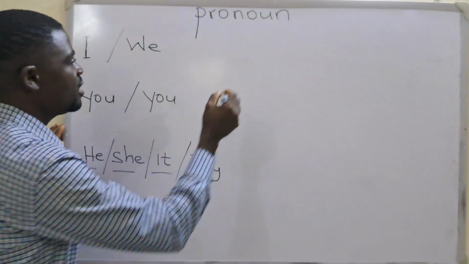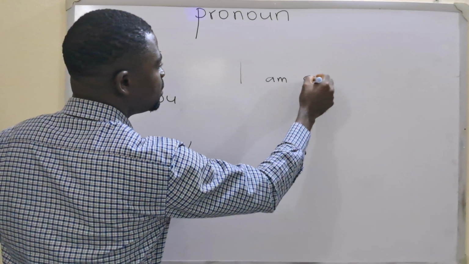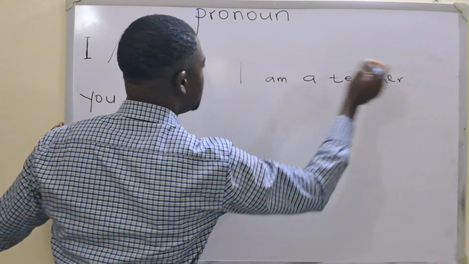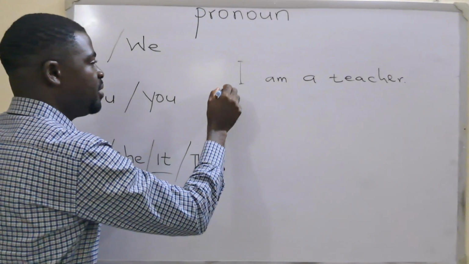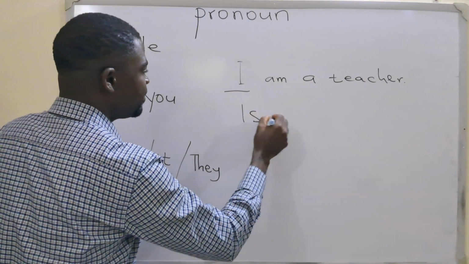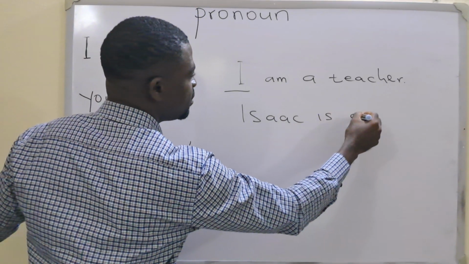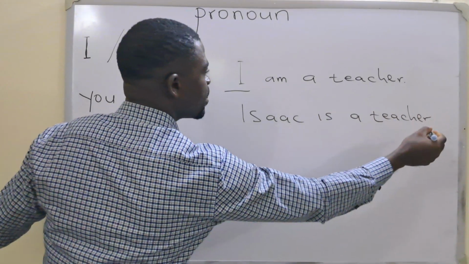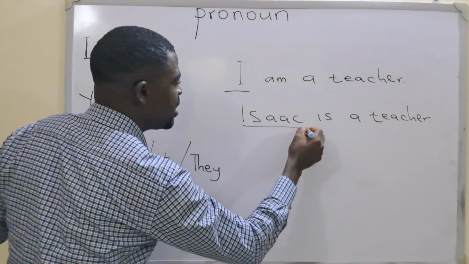So you can say, I am a teacher. This is a personal pronoun. Instead of saying Isaac is a teacher, I'm using I to replace my name, Isaac.